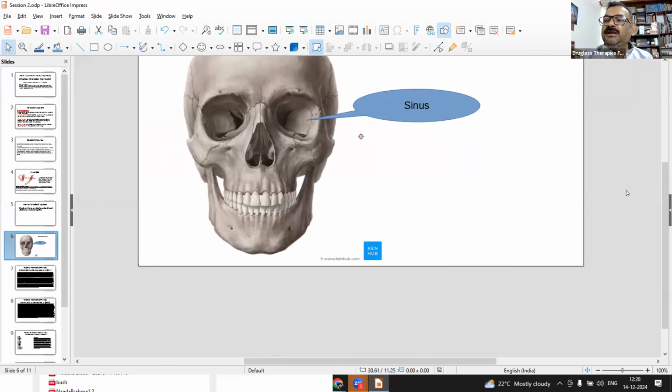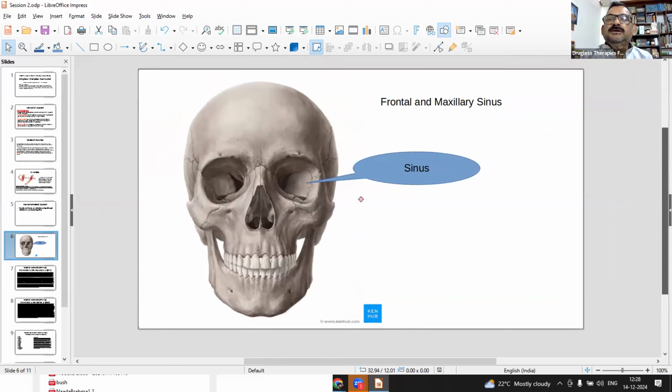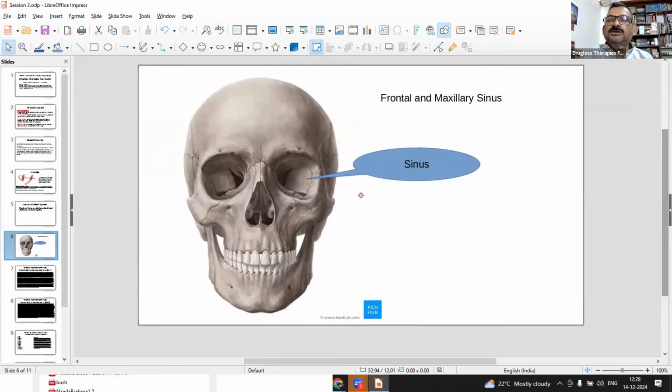And one more thing, Dr. Suvarna has pointed out that when we are studying the skeletal system, nowhere are the sinus cavities told or informed there, because of course they come under the respiratory system, but when we are studying the skeleton, at that time we should know the sinuses also.